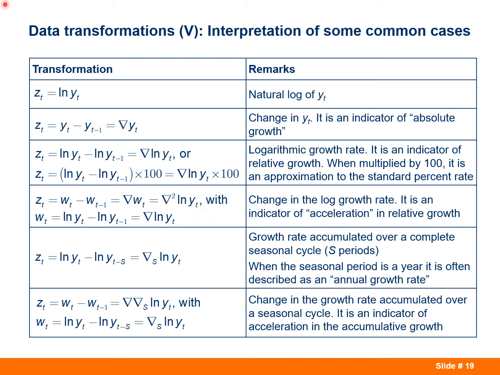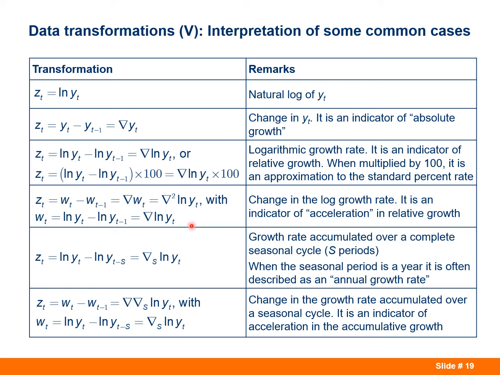So what you are doing is computing the logarithmic growth rate and subtracting the previous one from the current value. This will be therefore the change in the log growth rate. It would be an indicator of acceleration in relative growth.